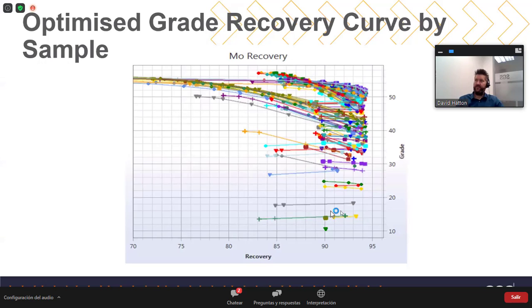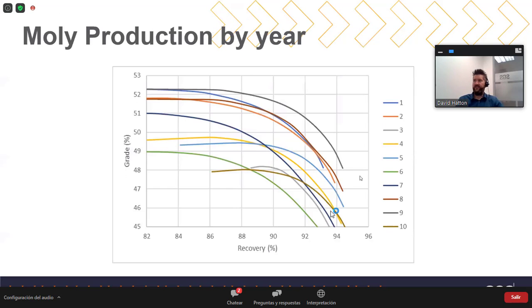So we could run it through our simulator using that same technique with the optimal grade recovery curves. We could analyze the different samples we would expect. Now, this isn't just the pilot plant samples, but all the samples we would expect based on our copper circuit simulations. And we could aggregate those year by year based on the representation of those samples within each year.